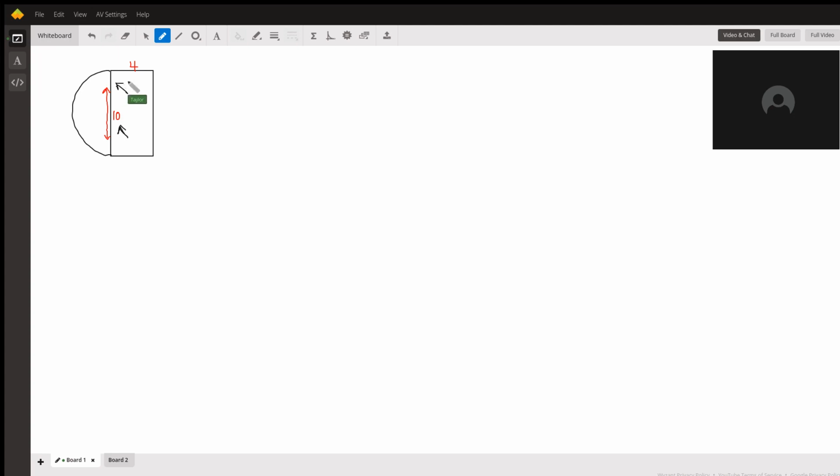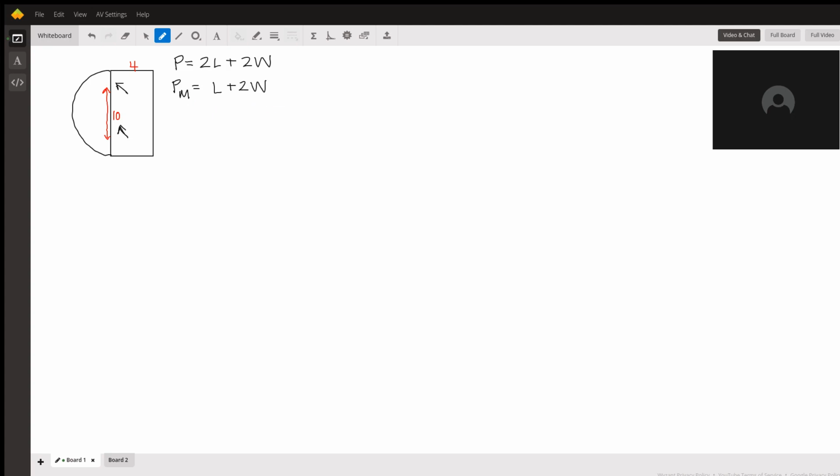So usually the equation for perimeter is 2 length plus 2 width, but because one of the lengths of this rectangle will not be included in the overall perimeter of the figure, the modified one, so PM for modified, is going to be just 1 length plus 2 times the width. So that's going to be the one that we're focusing on.